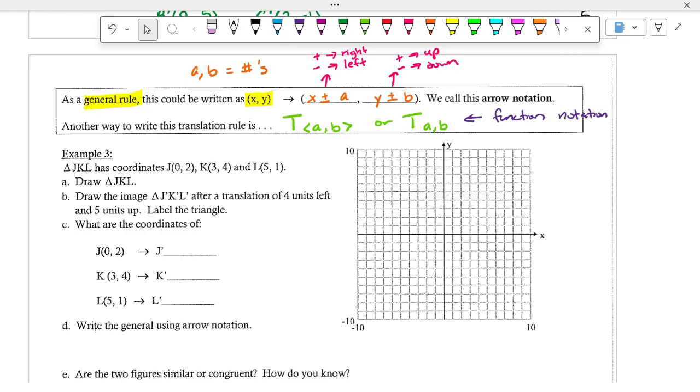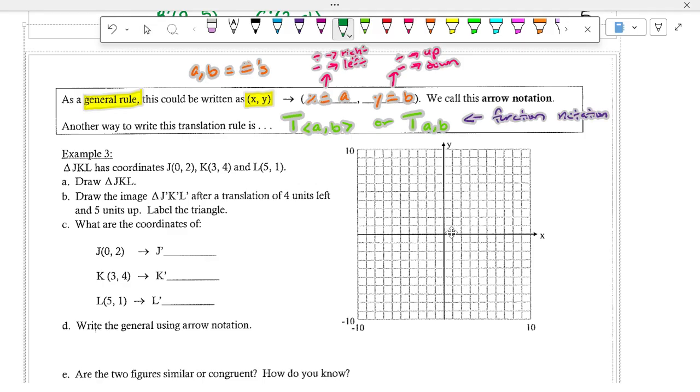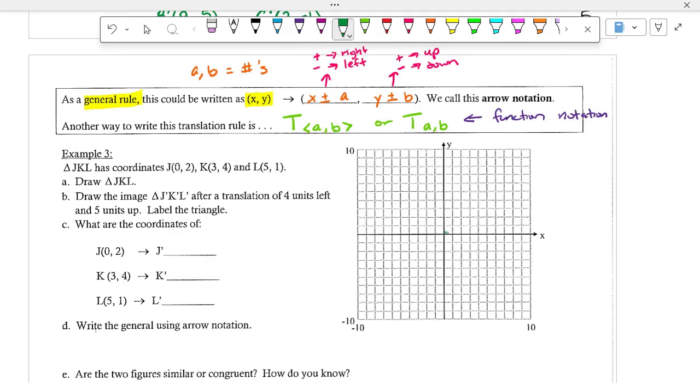Okay, so example 3, we're going to draw J at 0, 2, K at 3, 4, and L at 5, 1.